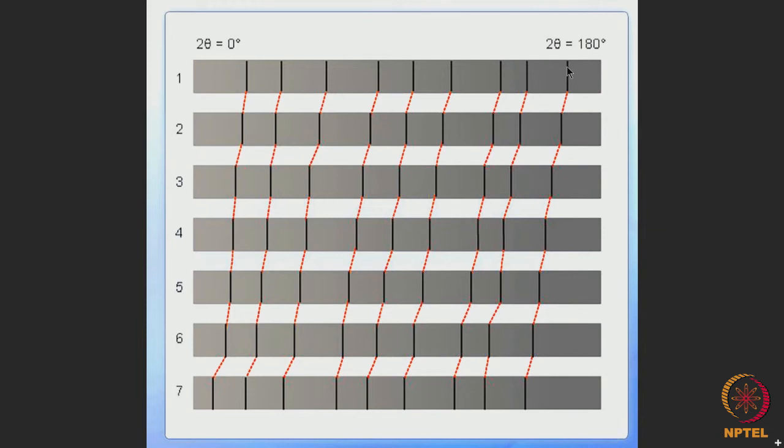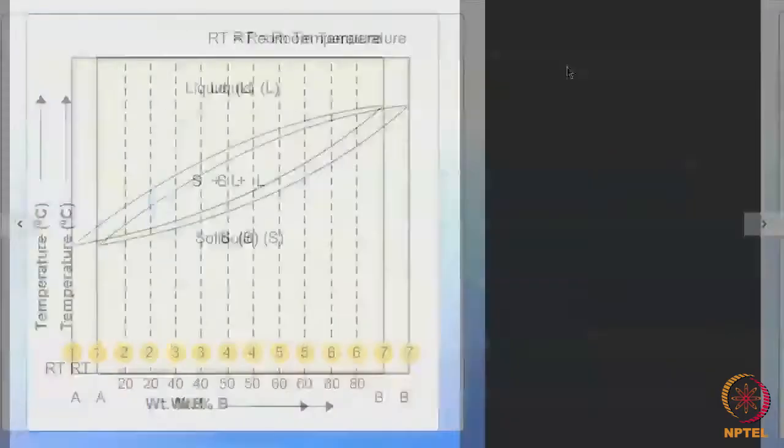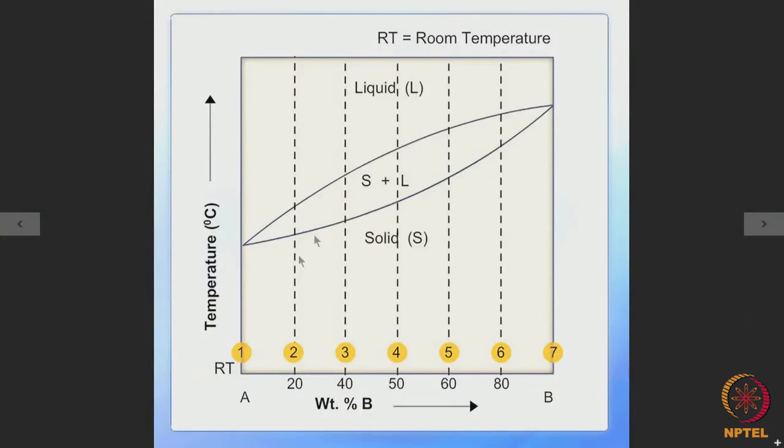What will happen to this pattern when we go to the alloy 2? If you remember, the alloy 2 is made up of pure component A with 28% of B, and if the B atoms are larger than A, what will happen to this particular composition?